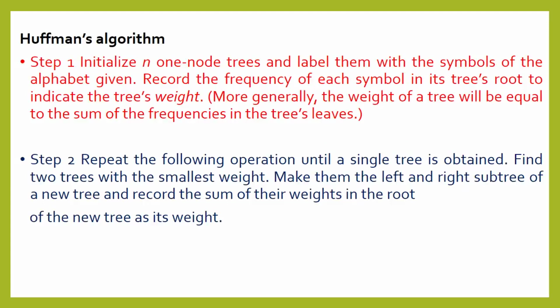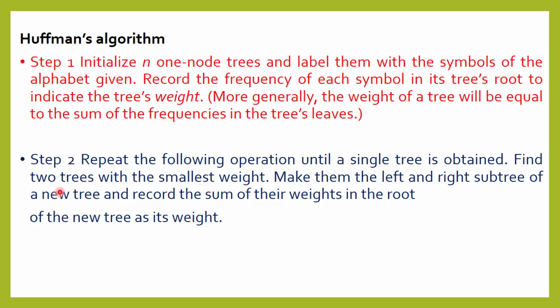Let's understand Huffman's algorithm in this slide. The first step is to initialize n one-node trees and label them with the symbols of the given alphabet and record the frequency. Second step, we have to repeat certain operations until a single tree is obtained. What are those operations? Find two trees with the smallest weight.